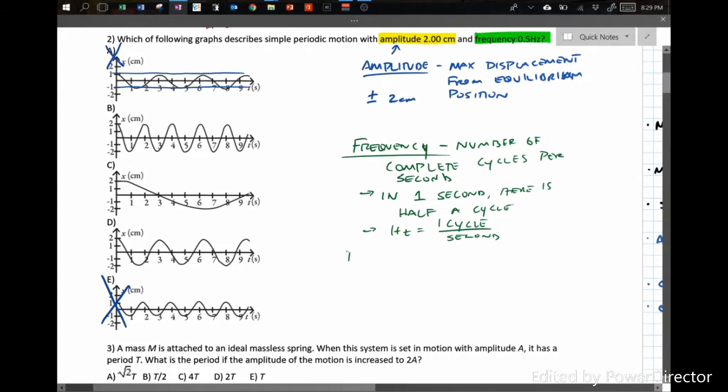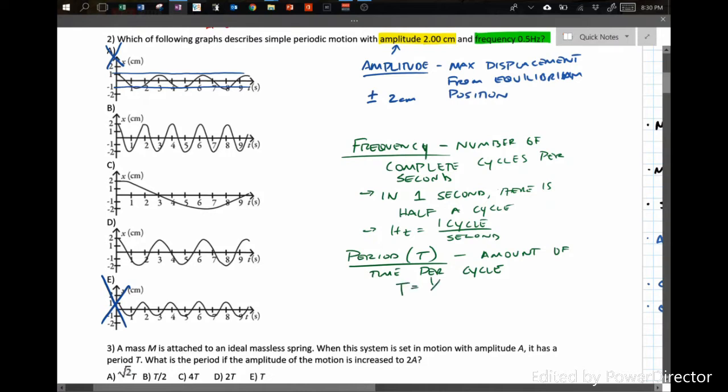And the corollary is the period. For period, we use a T, Latin reasons, I assume. The period is the amount of time per one cycle. So if the frequency is the number of cycles per second, the period, just time, is the number of seconds per cycle.